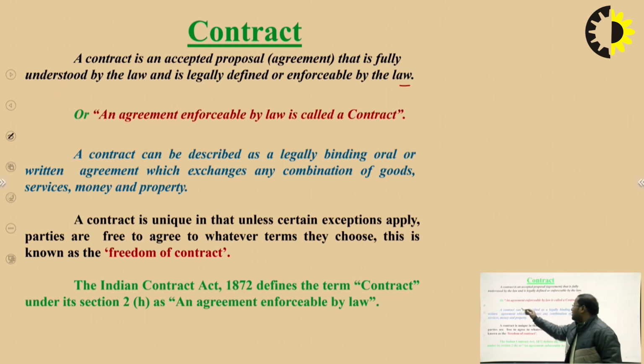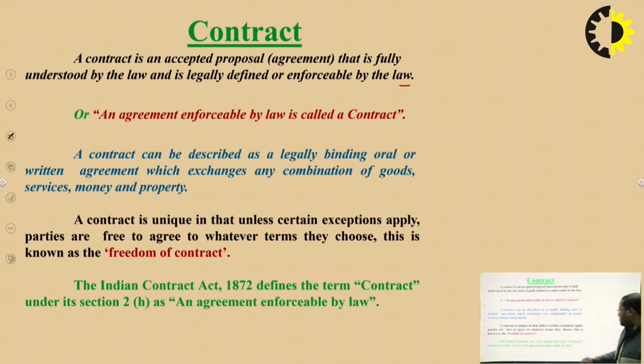Or we can say an agreement enforceable by law is called a contract. A contract can be described as a legally binding oral or written agreement which exchanges any combination of goods, services, money, and property. A contract is unique in that, unless certain exceptions apply, parties are free to agree to whatever term they choose. This is known as the freedom of contract.